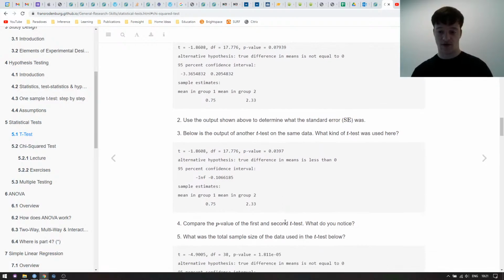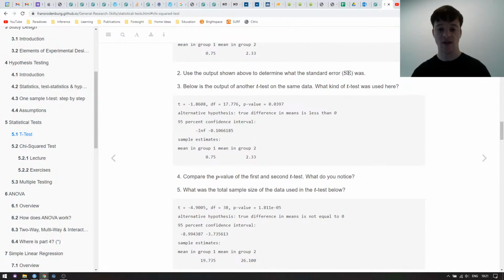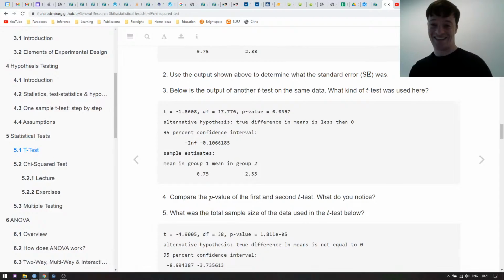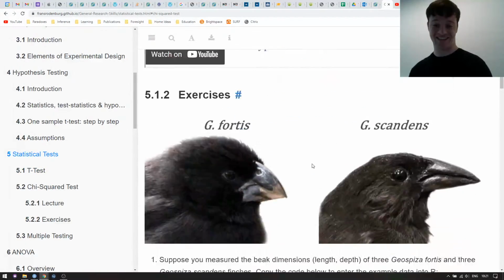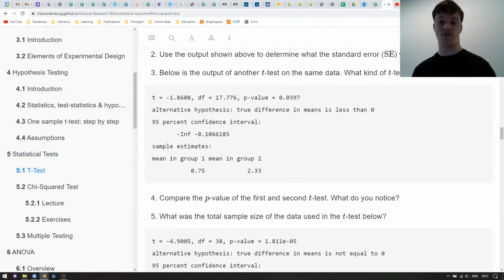Then we have number 3, and again the question is what kind of t-test was used here. What's different about this one? Shall I make it bigger or is this okay? Bigger? Yeah, okay, so what's different? This is number 3, in the output of number 3.